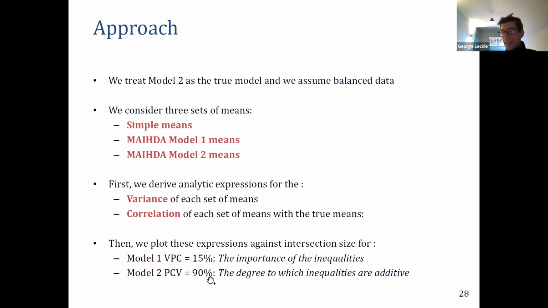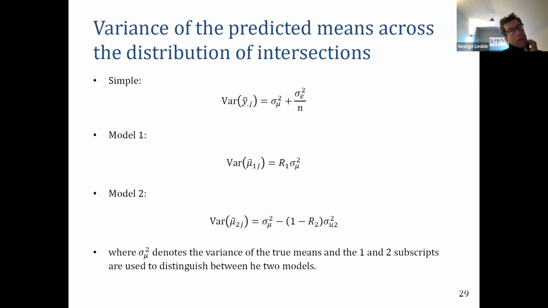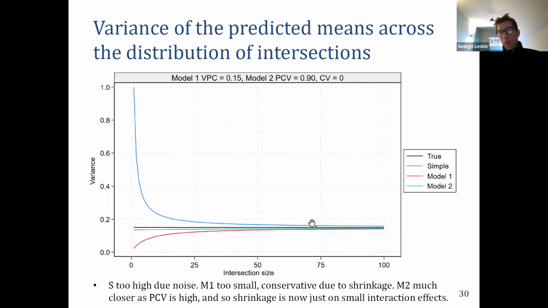And we're going to say 90% additive, again, similar to the Keller study. And what we do is we derive what is the variance of the observed means or simple means, what is the variance of the model 1 predicted means, what is the variance of the model 2 predicted means, different algebraic expressions. But armed with that algebra, we can plot what's going on and see.